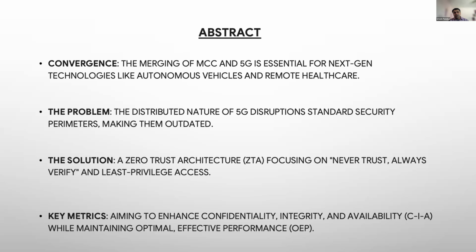The solution, no matter which technology or which version of technology you're using, is a zero trust architecture focusing on never trust, always verify, and least privilege access. The key metrics: we are aiming to enhance confidentiality, integrity, and availability while maintaining optimal performance.